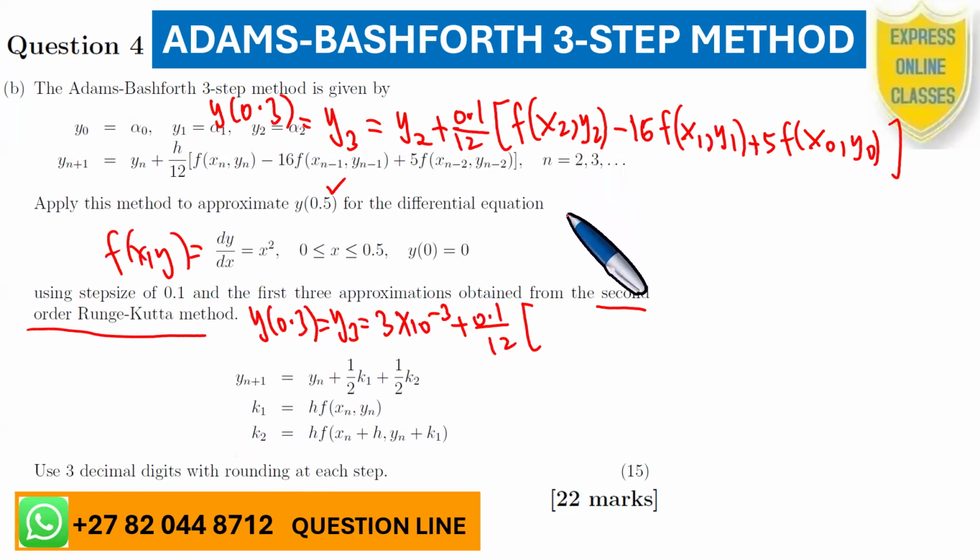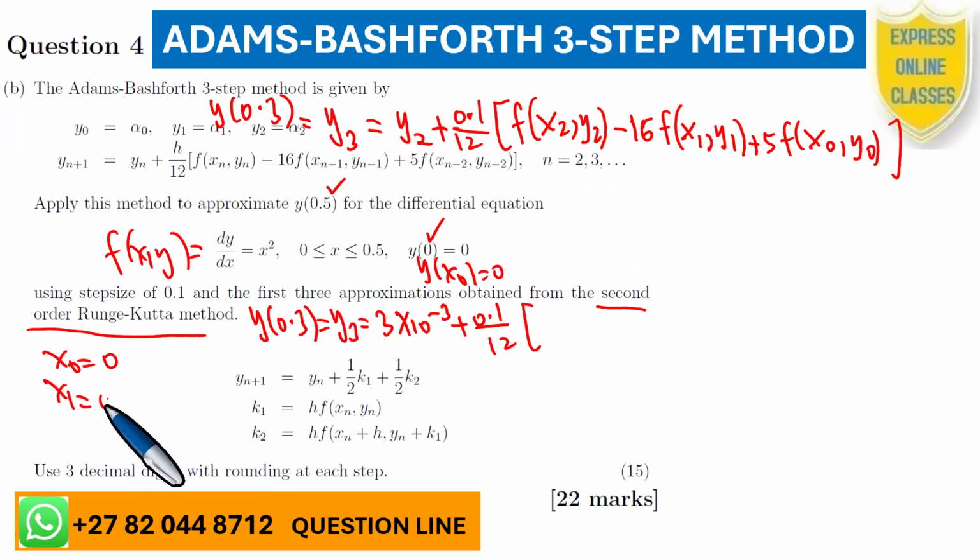What is x2? As indicated, y at x0 is 0, and x0 is 0.